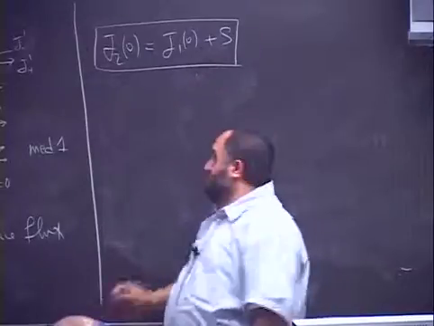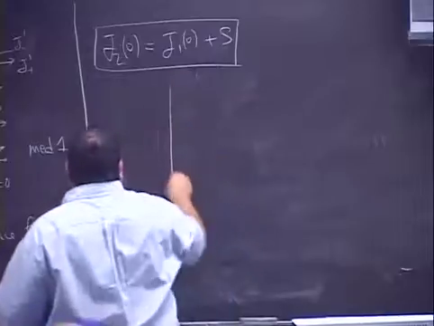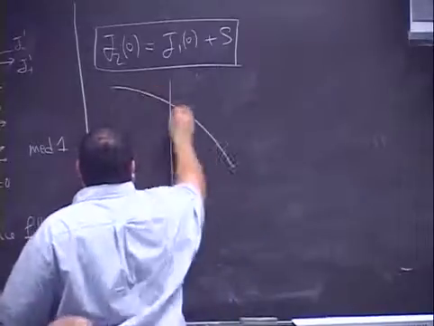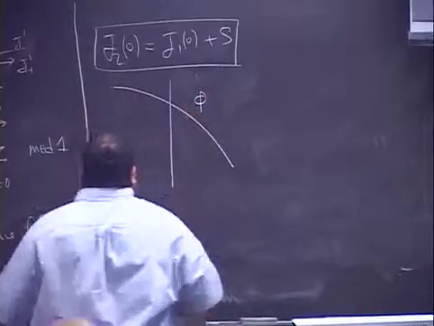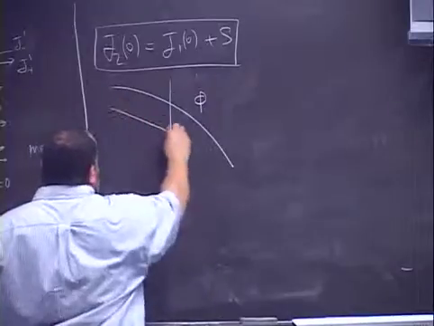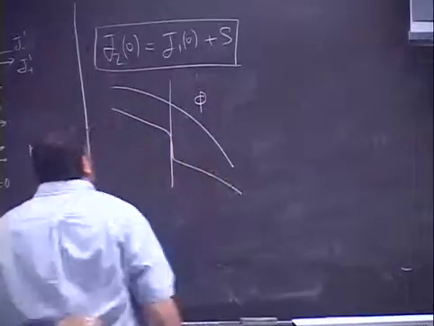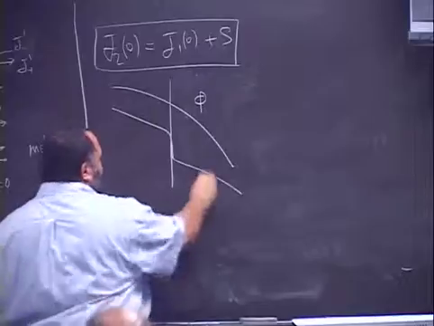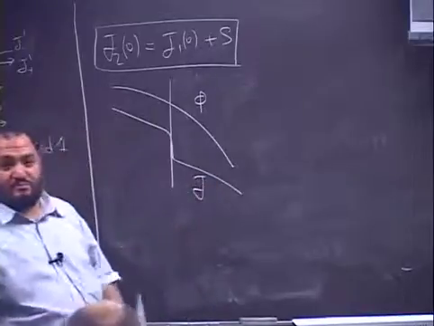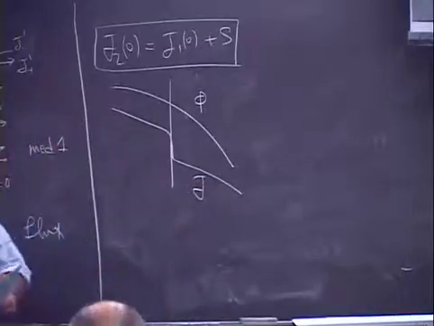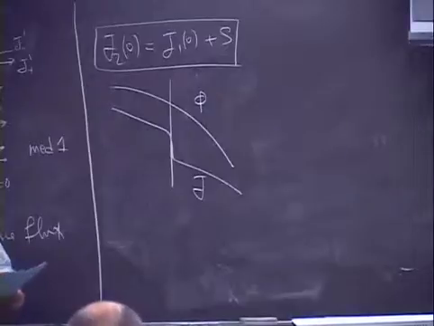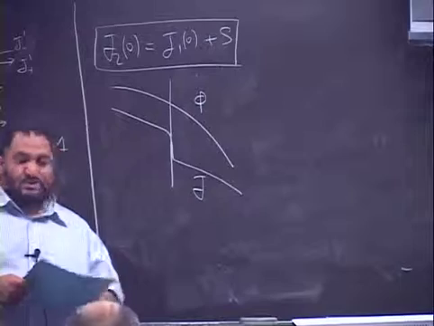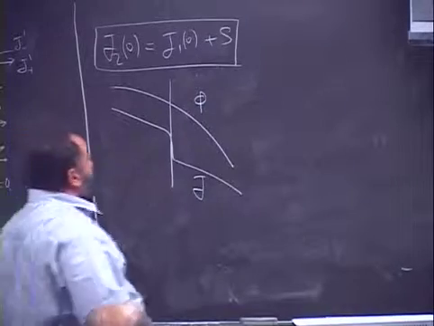Okay, guys? So at the interface, this is the flux, a continuous function. And this is the current, J. This is called the interface condition.